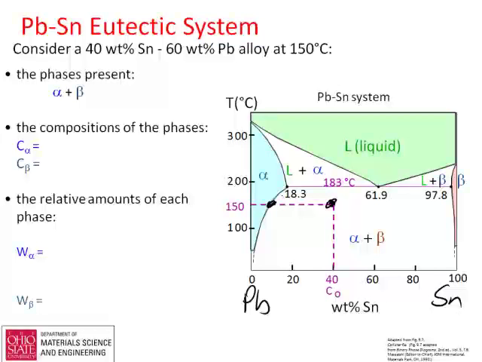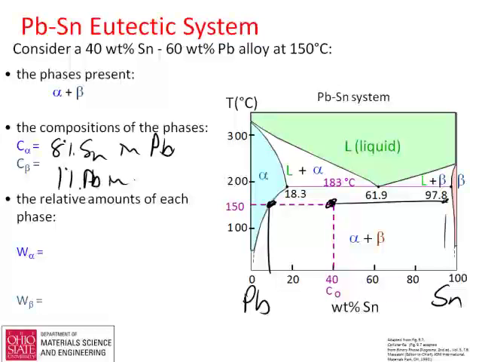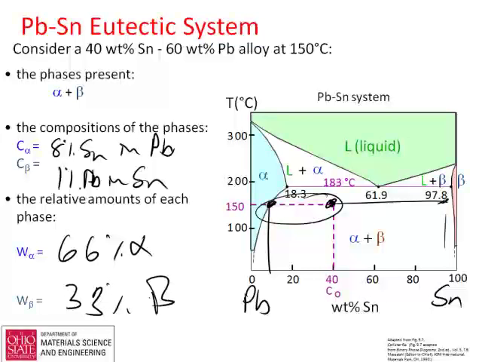This alpha is going to have about 8% tin in lead, and the other phase here is going to have about 1% or so lead in tin. Then this point is closer to this side, so by eye it's going to be about 66% alpha and about 33% beta, and those are the compositions.